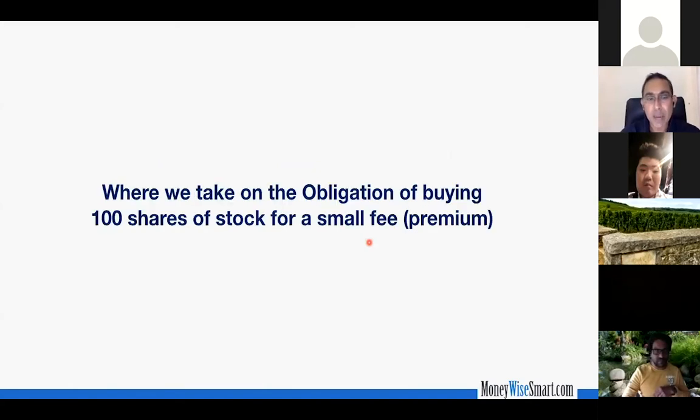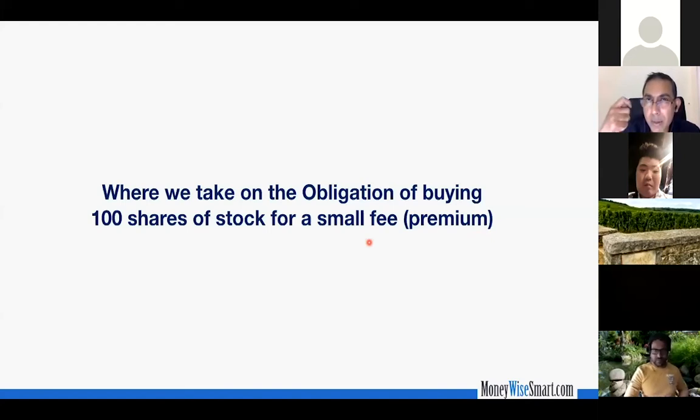Now, when we sell a put option, when we sell one contract, we take on the obligation of buying 100 shares of stock for a small fee, and that is the premium. So the buyer of the put option has the right, the seller of the put option has the obligation.